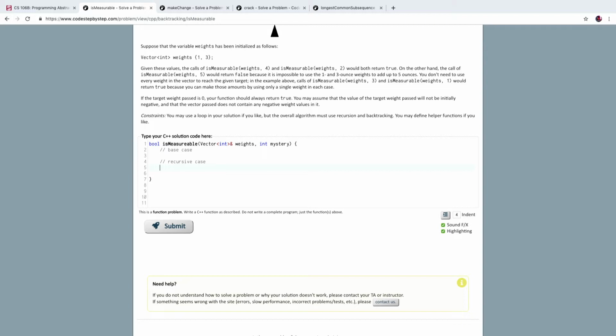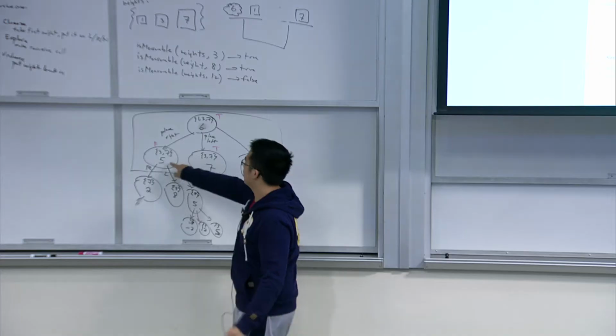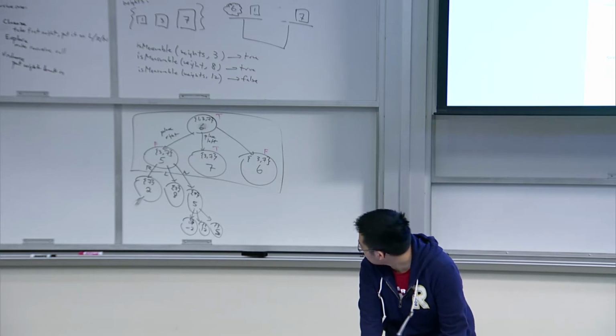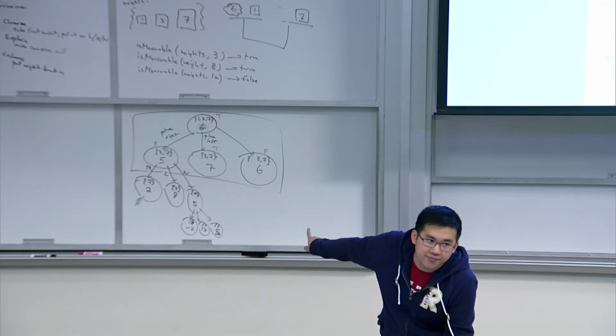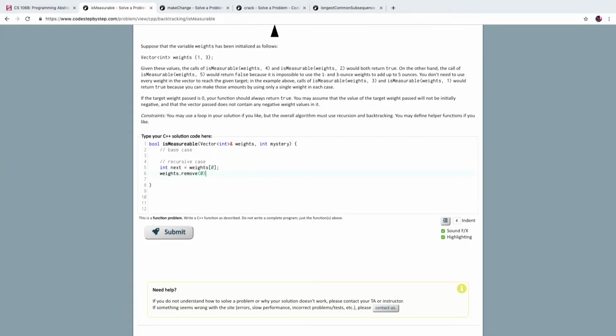Okay, so int next is equal to, how do we get the first weight? weights[0], yep, that gets you the first weight. What other steps do we have to do to get to this node over here? We also have to remove the 1 from the vector itself. weights.remove(0).